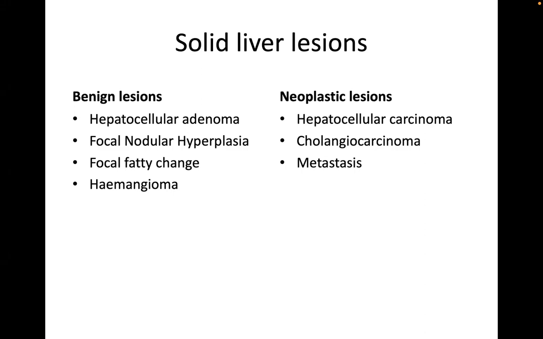This one we see most commonly when we do our scans, and it's good that it has no clinical significance. And then we have the hemangioma. The neoplastic ones are hepatocellular carcinoma, cholangiocarcinoma, and metastasis. So we'll go straight one by one and look at what we can see.